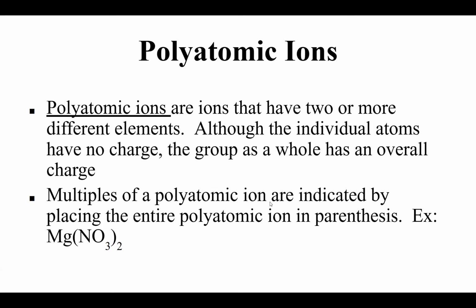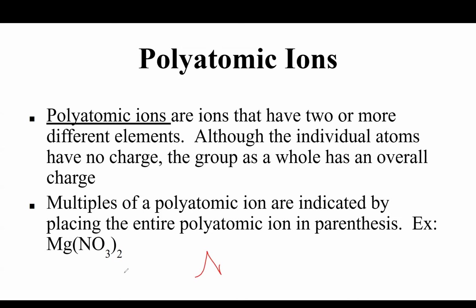Multiples of a polyatomic ion are indicated by placing the entire polyatomic ion in parentheses, like in magnesium nitrate. Nitrate by itself has a 1 minus charge, and it looks like this. Now, if I need multiple nitrates, I have to put it in parentheses to indicate that I need more than one.